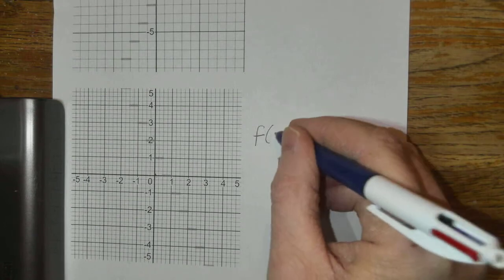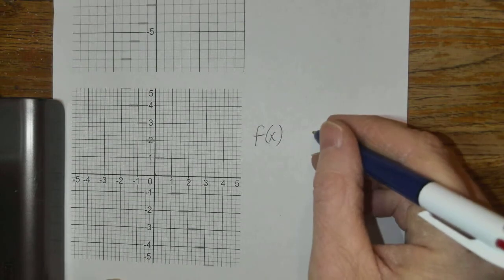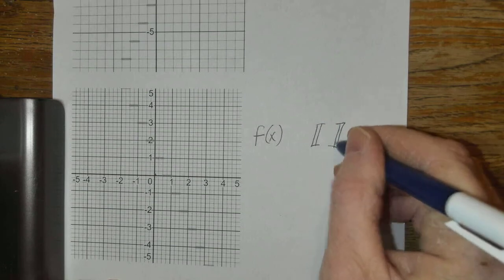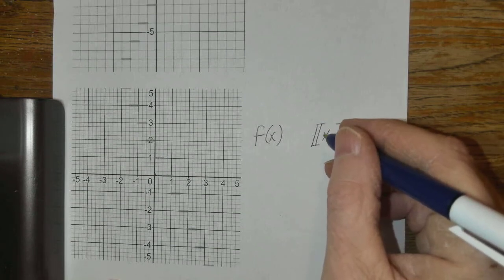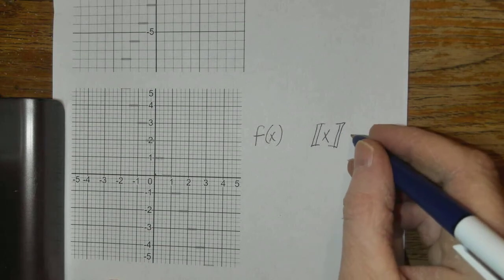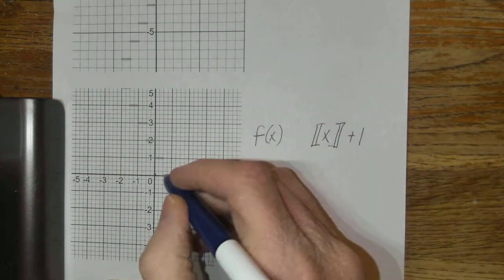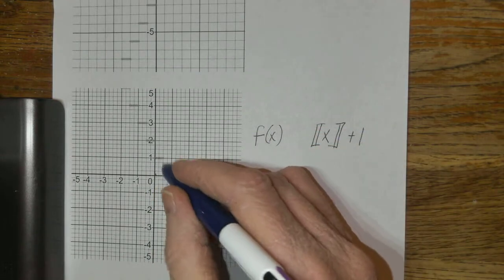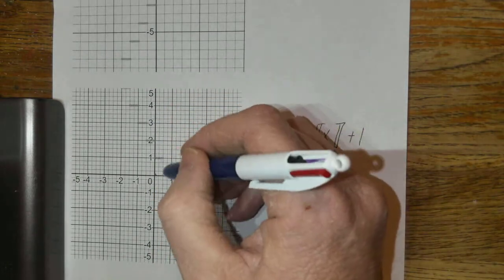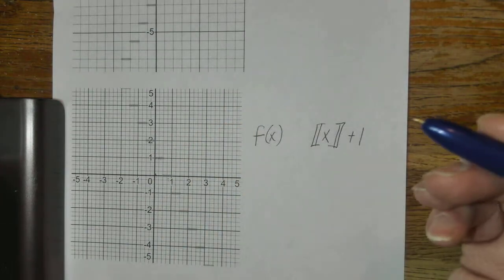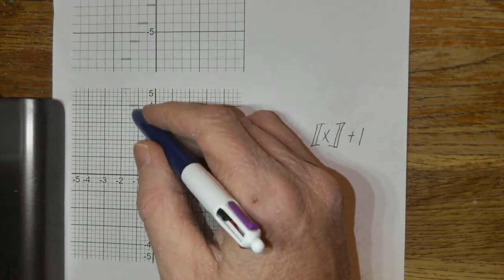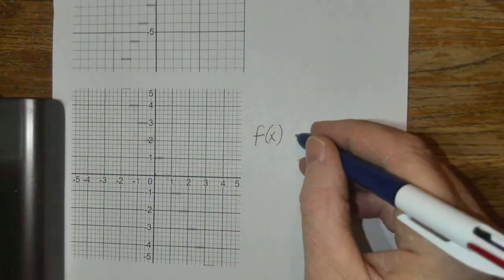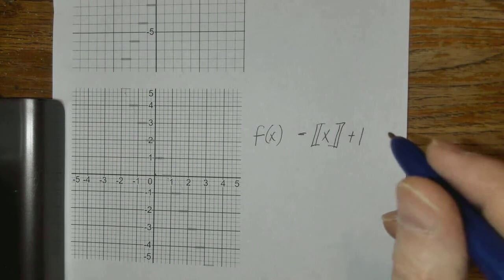So I'm going to take that greatest integer function and I'm going to add 1 to it to make it go up. But the other thing I notice is the steps are 1 apart. I just changed the scale here a little bit. The steps are one apart, but instead of going up, they're going down. So it's like we flipped it over the x-axis. So let's just make that negative.